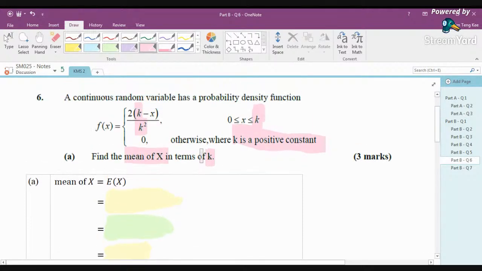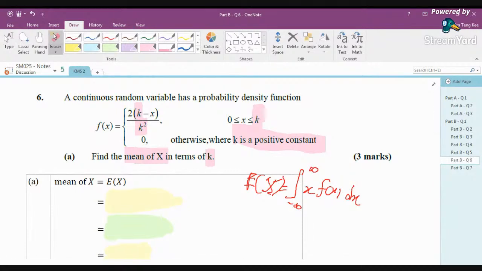So the mean of x is what we are referring to as E(X), and how we calculate E(X) in this case is that, recall, if you want to calculate E(X), it equals the integration of x multiplied by the PDF, from negative infinity to infinity, where most of the time we don't write infinity but the smallest and largest values that we have for the non-zero function.